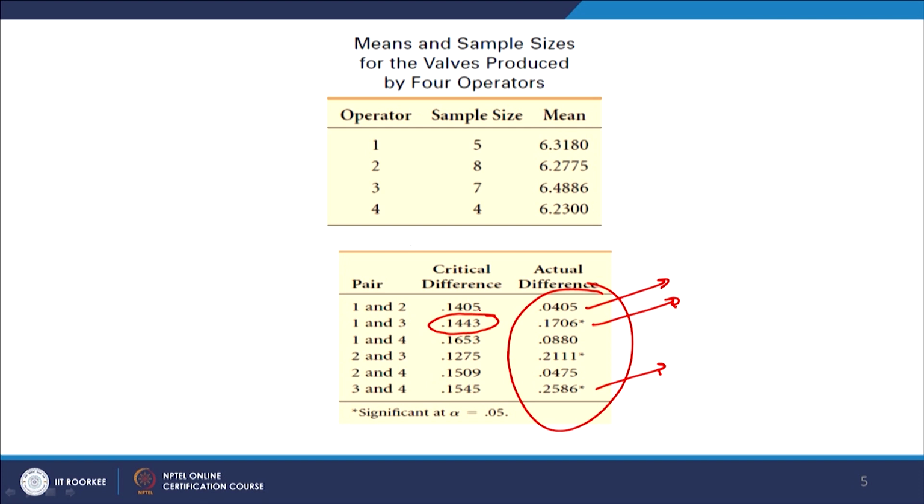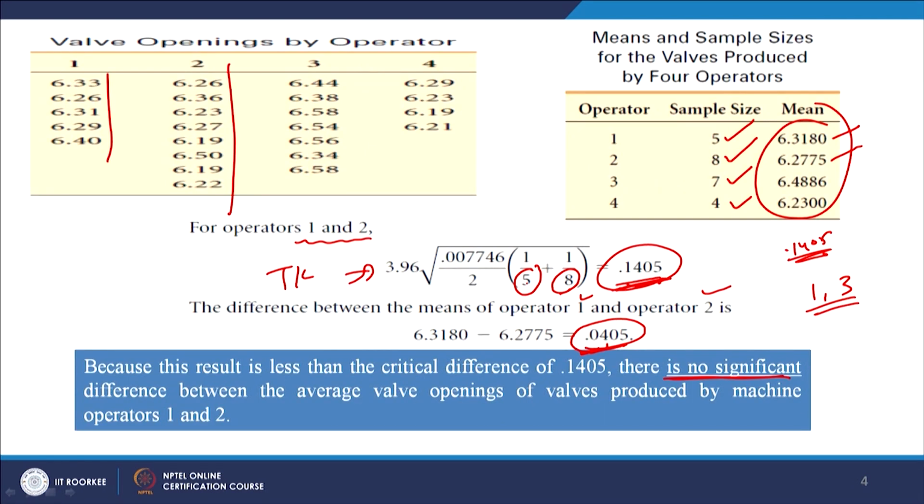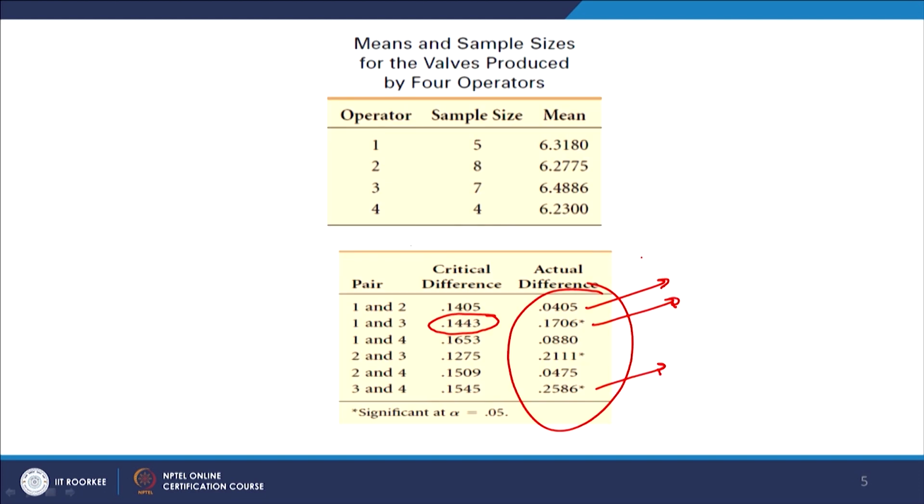For the first and third group, first is 5 and third is 7. So, the moment you write 7 over here, this value becomes 0.1443, right.